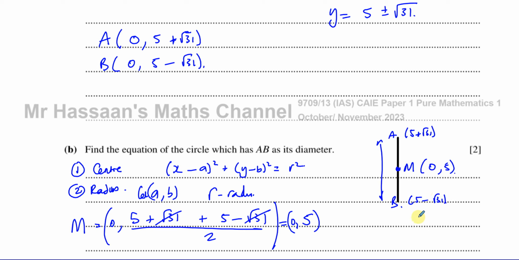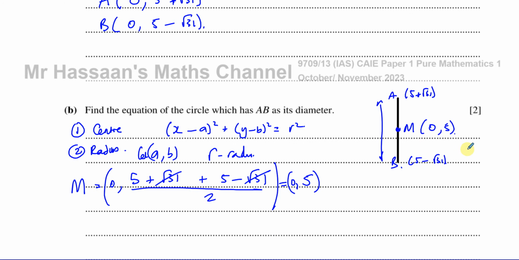If I subtract them, I will get my diameter. So I have 5 plus root 31 minus 5 minus root 31, and that's the diameter. So the radius is going to be that divided by 2. The diameter is going to be this length, divided by 2 will give us the radius.